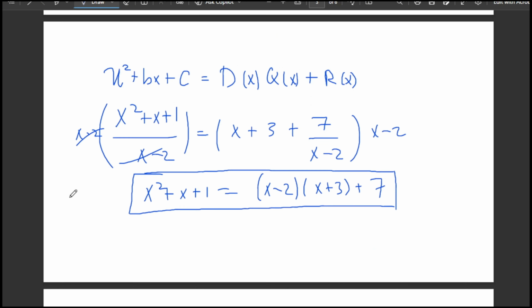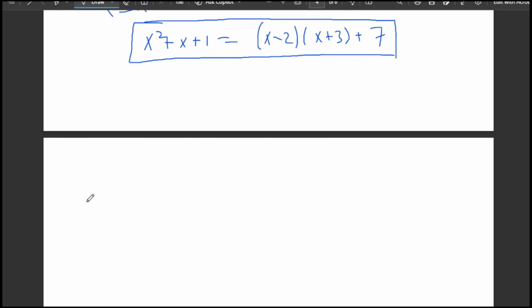Okay, let's do another example of the remainder theorem. Let's say we have 2x squared plus 7x plus 1, and we need to find the value when x equals 3.